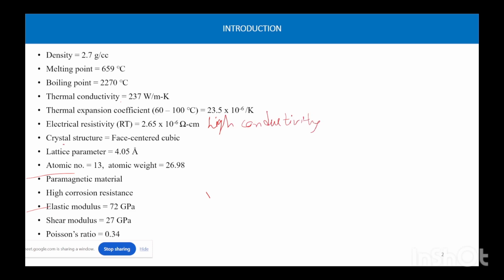And the crystal structure of aluminum is FCC, face centered cubic. The face centered cubic crystal structure of metals is very profound, and this crystal structure enables the metals to have high ductility and strength.